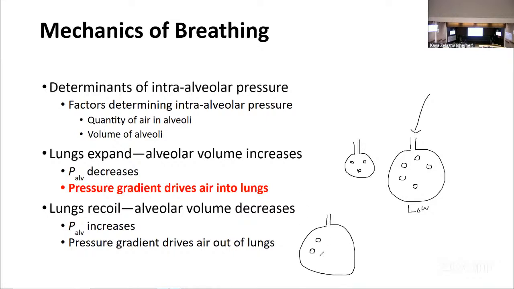You'd expect there to be more gas in there after you finish breathing in. And then as we shrink that alveolus down, it gets really crowded in here. So this is going to create that higher pressure, and that's going to drive the air out of your body.